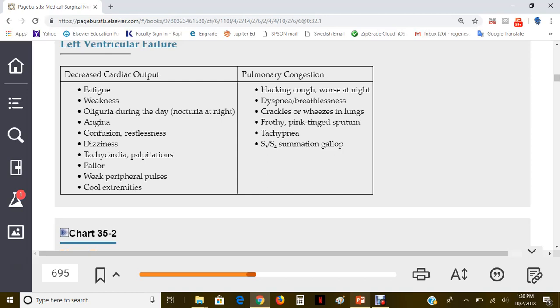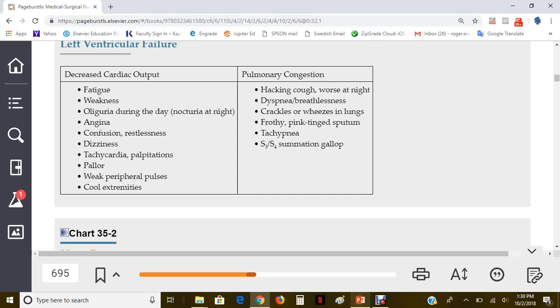Confusion and restlessness, that's a given because the first two branches of the aorta are the carotid arteries, so if there is less cardiac output, there will be less oxygen to the brain, leading to confusion and restlessness as well as dizziness. Tachycardia and palpitations are a direct result of your sympathetic nervous system response, which increases heart rate.